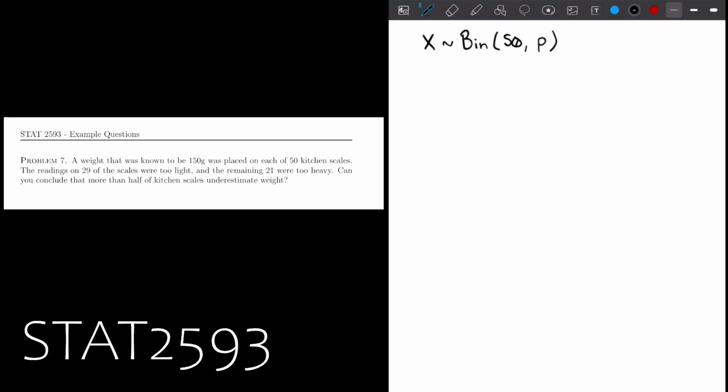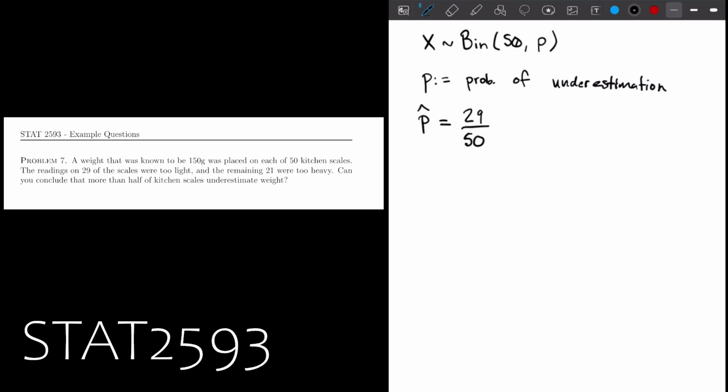And so it's sort of easier for us to think about the proportion p representing the probability that the weight is actually going to be underestimated, right? And so if p is going to correspond to probability of underestimation, then what we have is that p hat is going to equal 29 out of 50, right? Just the proportion that we're actually observing in the sample.